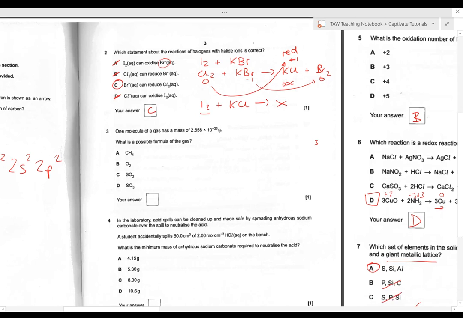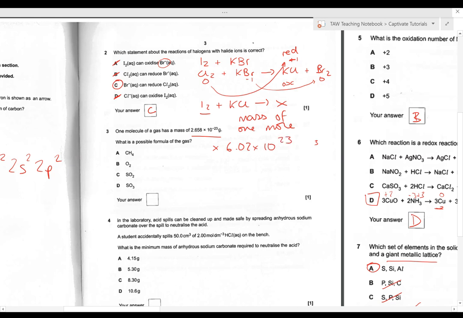Moving on to 3. So what molecule of gas has a mass of 2.658 times 10 to the minus 23? So we're looking at the possible formula of the gas. So we want to work out what the mass of 1 mole is. So if one molecule has a mass of this, if we times it by Avogadro's number, we'll get the mass of 1 mole.